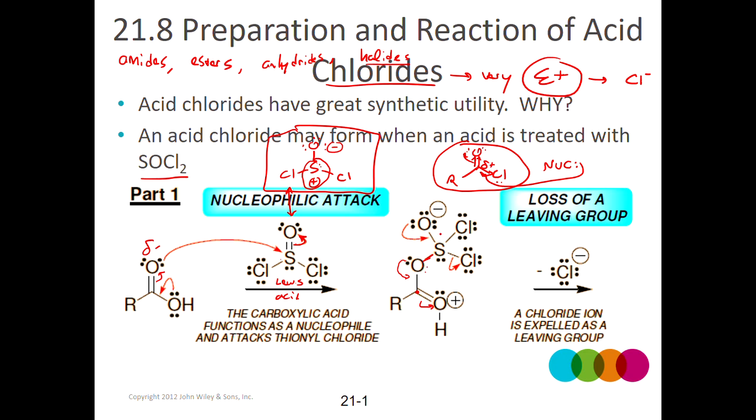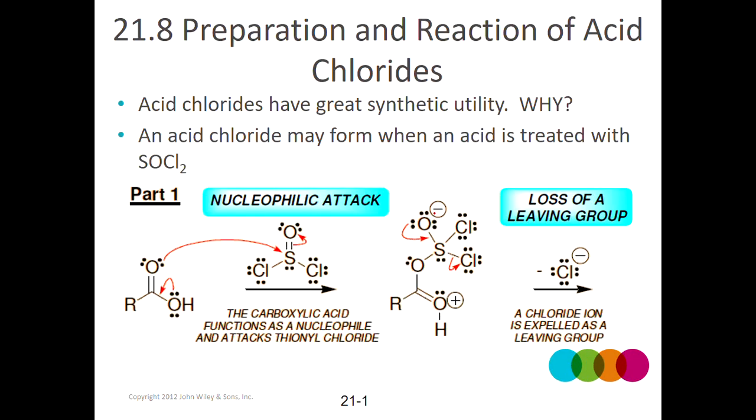It can simply go back. So we could imagine the oxygen shifting these electrons back in and pushing out this leaving group and going back. Right? So this is definitely an equilibrium step. And this intermediate's not super stable, so it might go back and forth and back and forth.